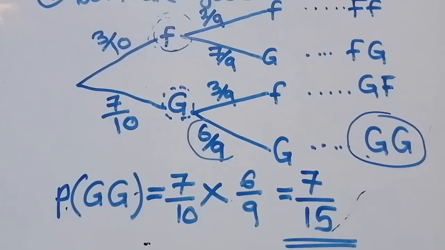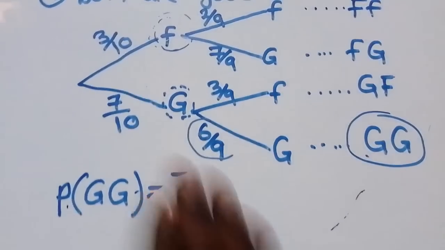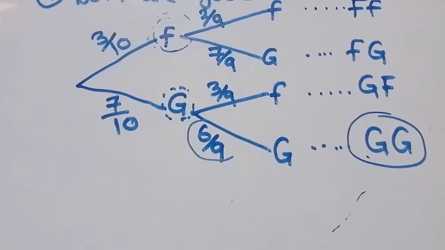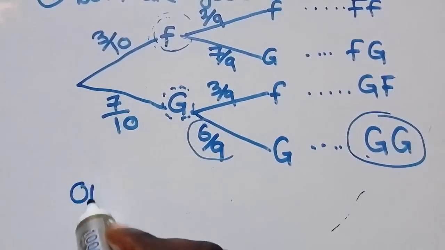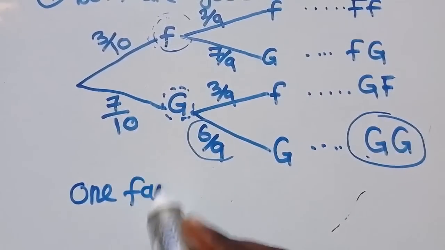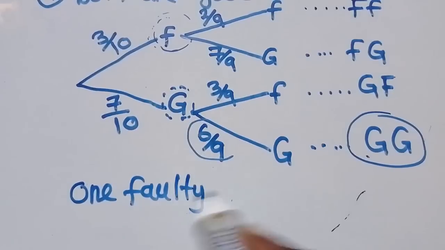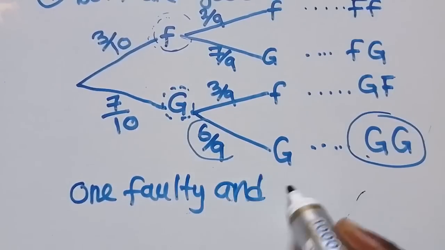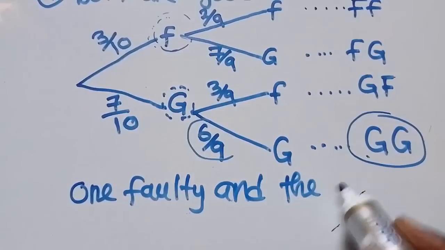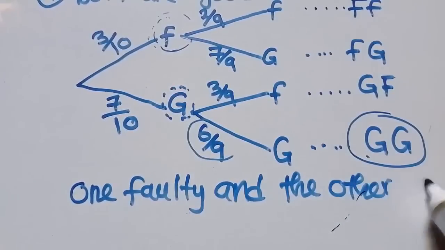The next part is saying we want to find the probability that one is 40 and the other good. This is the next question. So let me label this one. Find the probability that one is 40 and the other good.